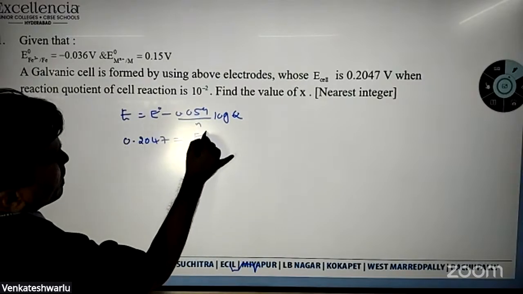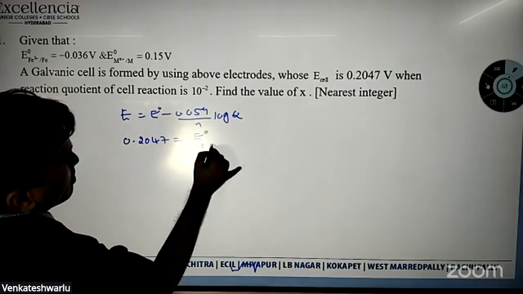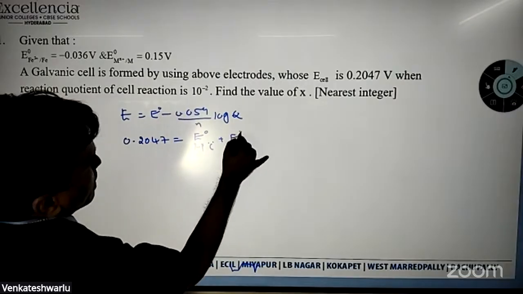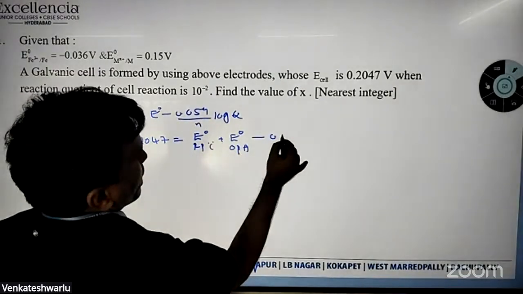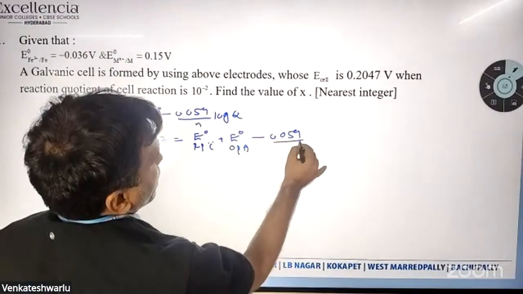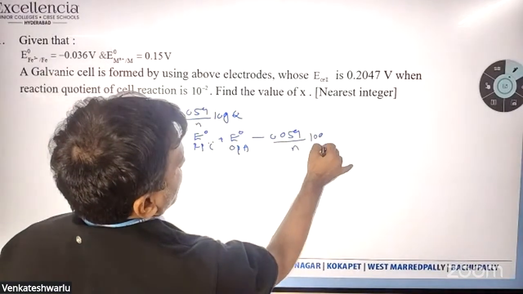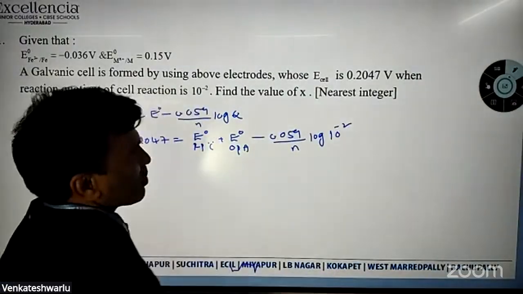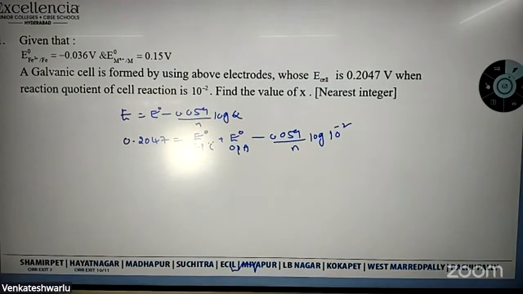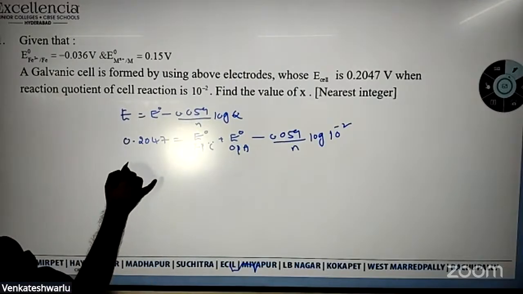E naught is the reduction potential of the cathode plus the oxidation potential of the anode, minus 0.0595 into log Q. The Q is given here, 10 power minus 2. Simply, they are asking to find the value of X.